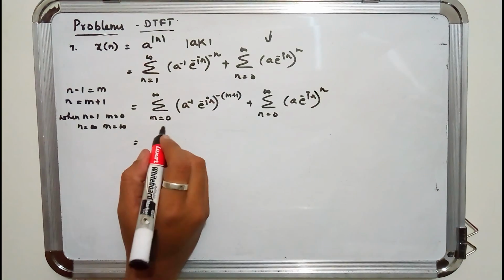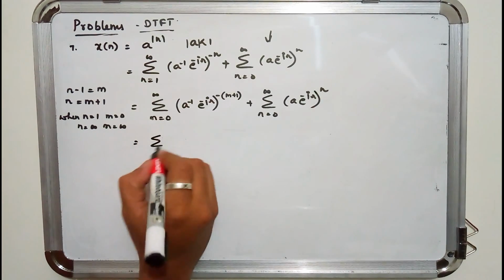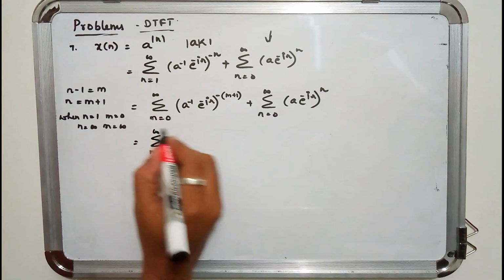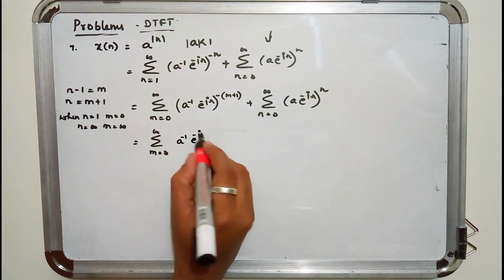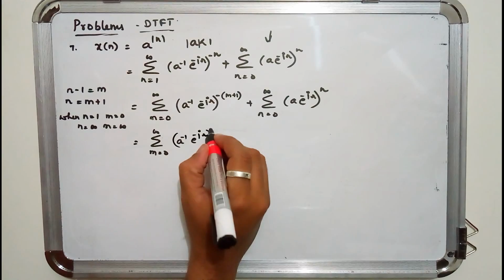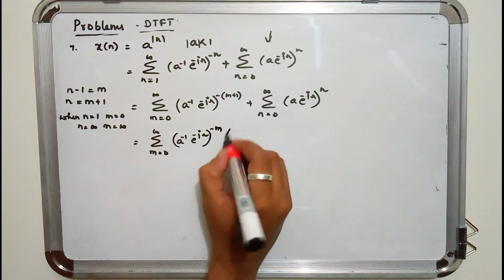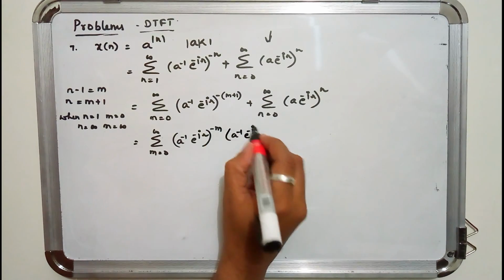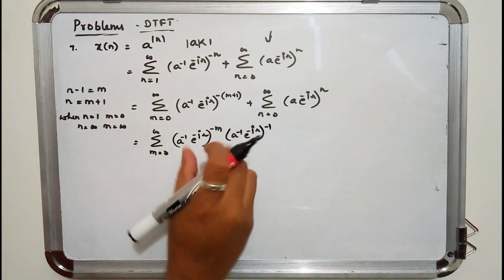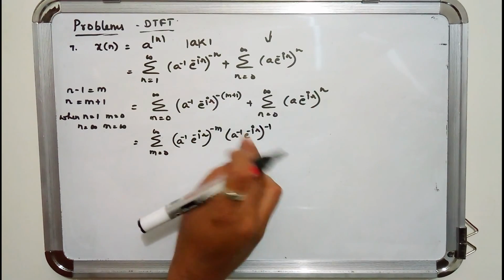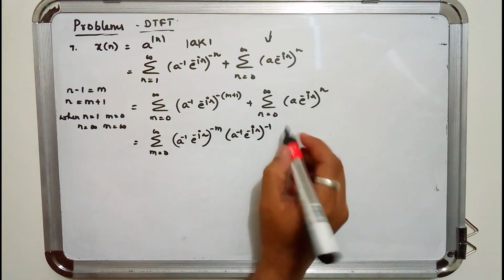Now this is converted into the standard form, summation m is equal to 0 to infinity a power minus 1 e power minus j omega power minus m into a inverse e power minus j omega power minus 1. So I can split this into 2 because I have m plus 1 as a power.